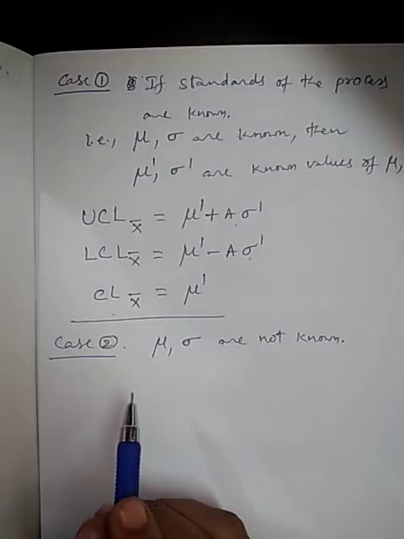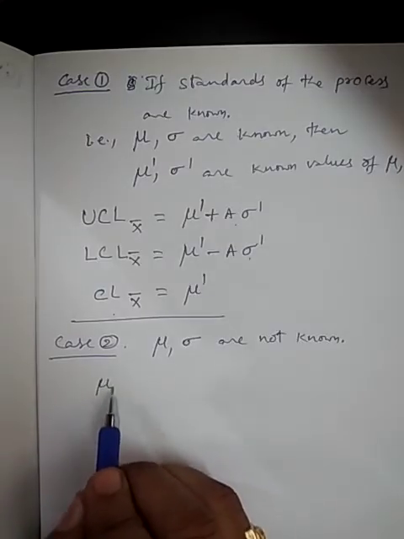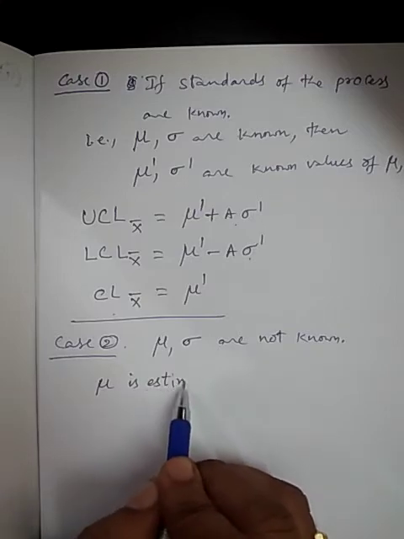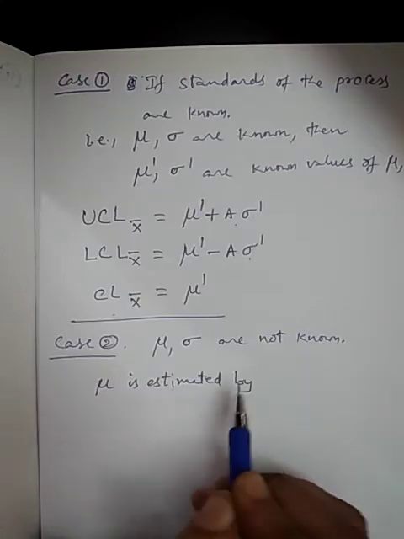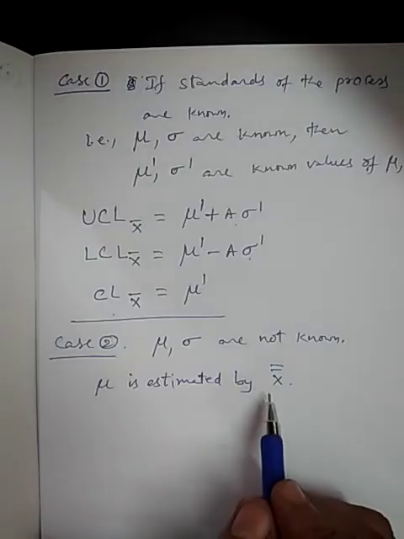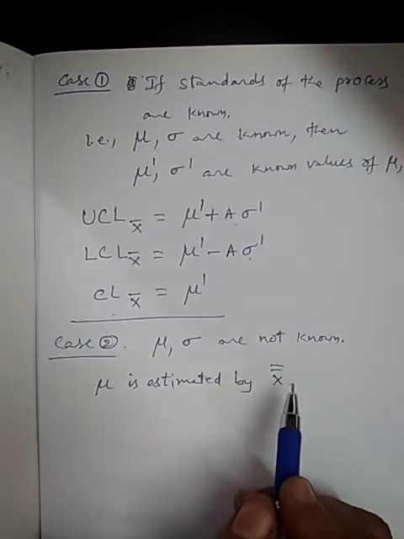So in this case, what do we have to do? We have to do the estimation. Mu is estimated by x double bar, that is, the average of all sample averages.